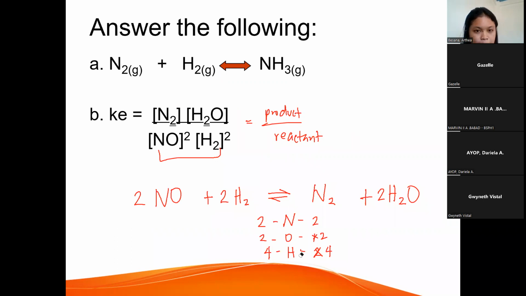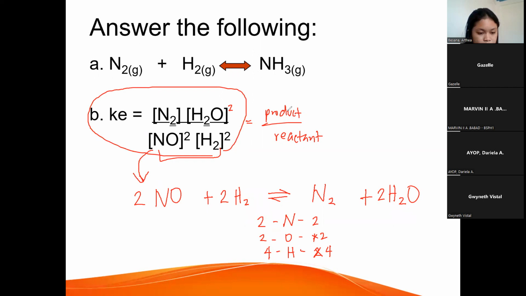So, hindi pala nasali dito, pero may coefficient dapat yung water. So that's how you transform, class, a chemical reaction to compute the chemical equilibrium, or the other way around. The chemical equilibrium constant equation is given, and then this is how you transform it to a chemical equation.